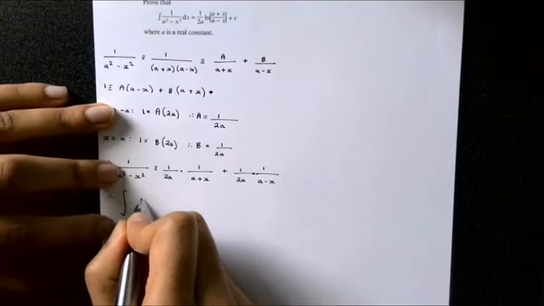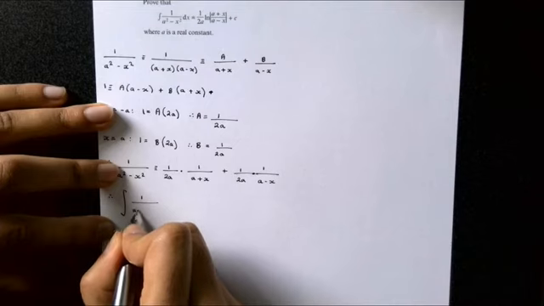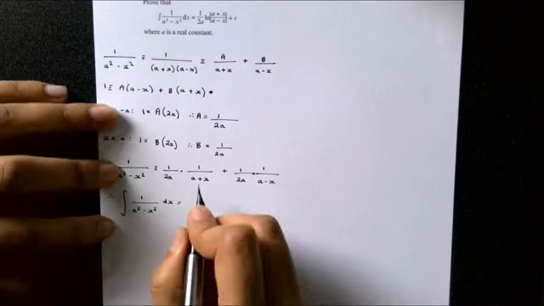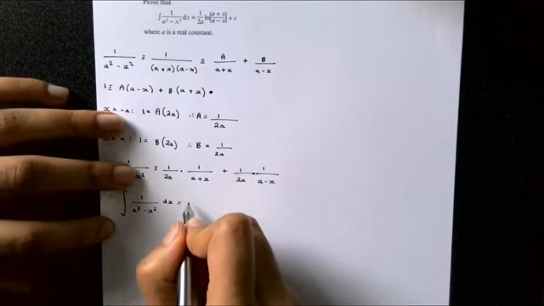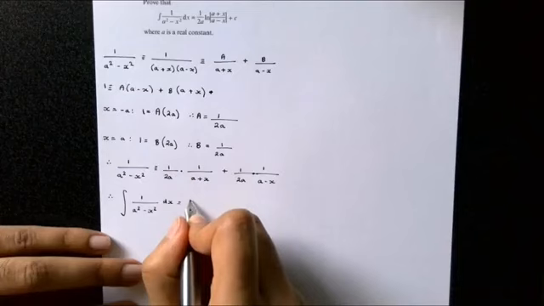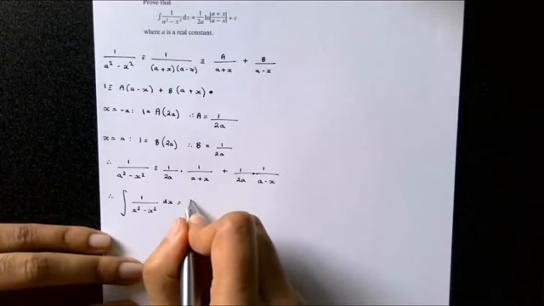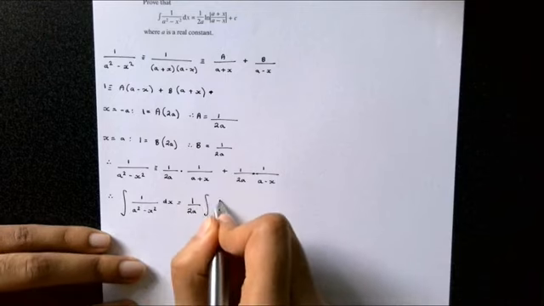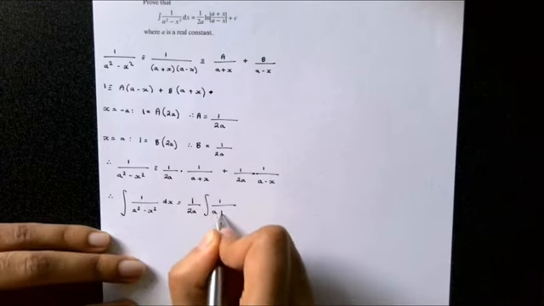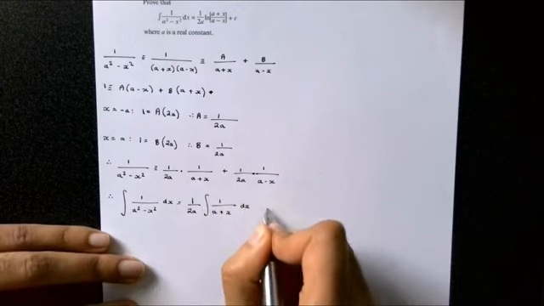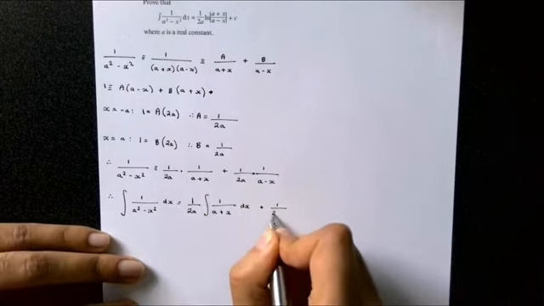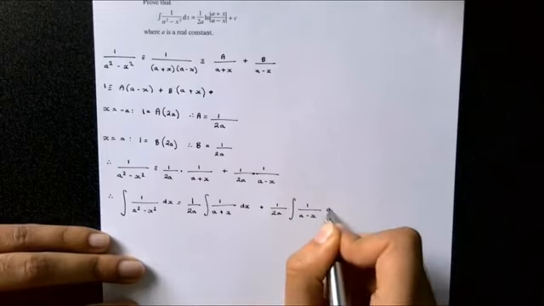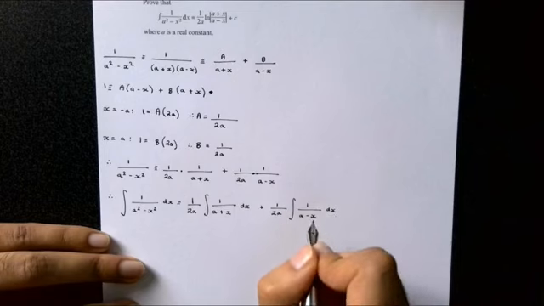So therefore, the integral of 1 over a squared minus x squared with respect to x is equal to, well, if we take out 1 over 2a as a common factor, we have 1 over 2a lots of the integral of 1 over a plus x with respect to x plus 1 over 2a lots of the integral of 1 over a minus x with respect to x.